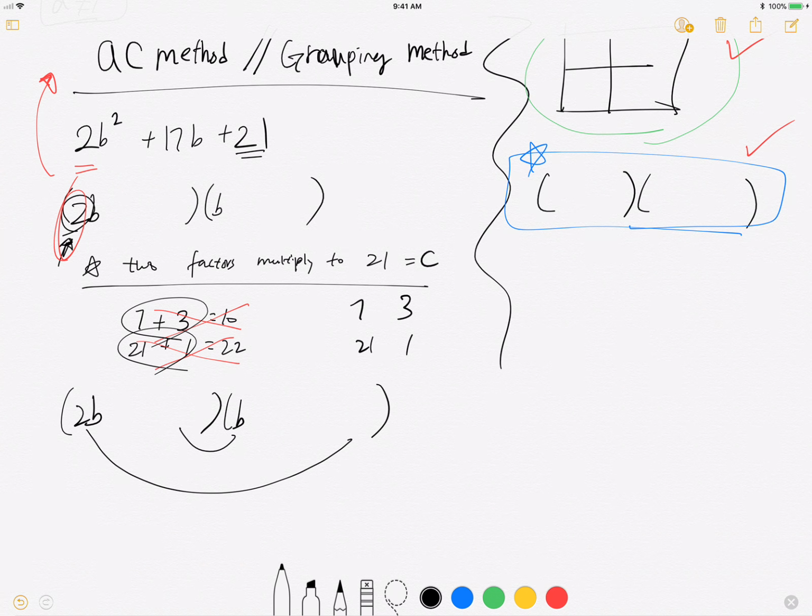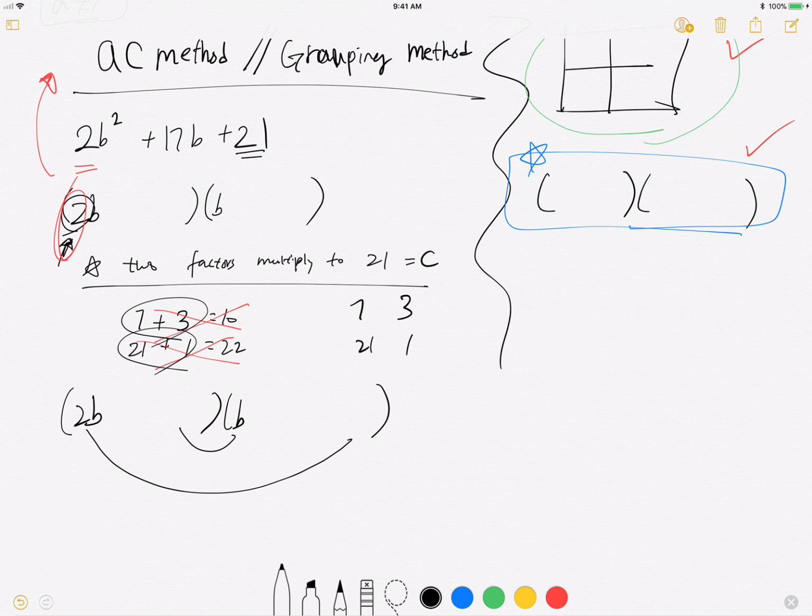And then you find those two factors of 42 that also add to give you 17. So this is what you're looking at when you're considering the two factors that add to give you the b value. So 42: 6 and 7, 2 and 21, 14 and 3, and 1 and 42, all these numbers are factors of 42.